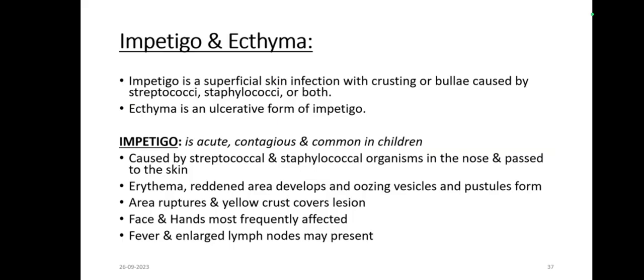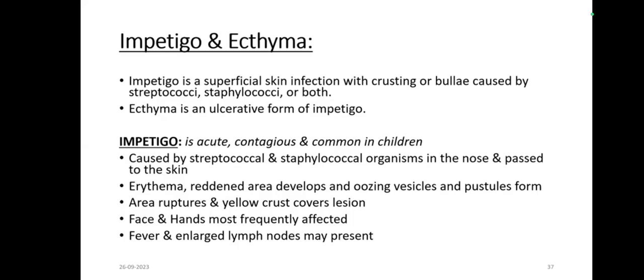We can see children plucking those yellowish crusts out, and our participants had very clearly diagnosed one case of impetigo. You can remember that photo also, and together with this, we can see this lesion also. It is very common on the face and hands. A similar hand, foot, and mouth disease is also very common nowadays.